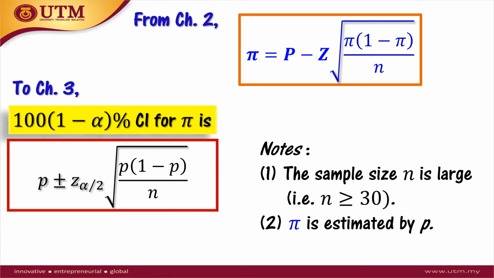Second, as mentioned earlier, the proportion from population pi in the square root should not be used in the confidence interval formula. Instead, it is estimated by p.